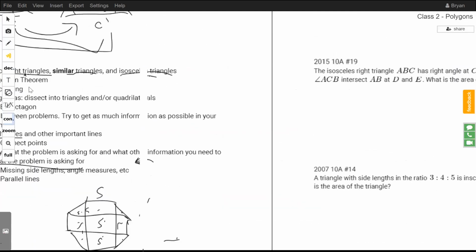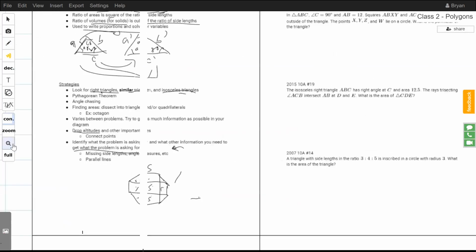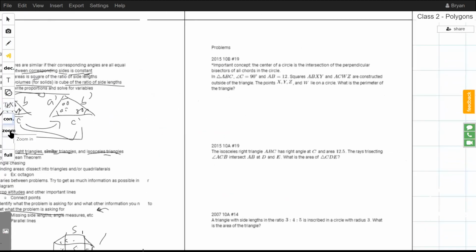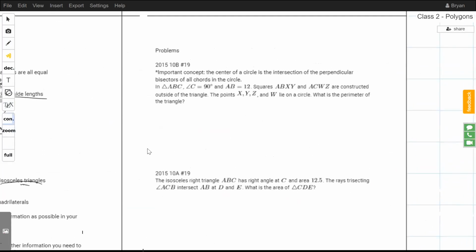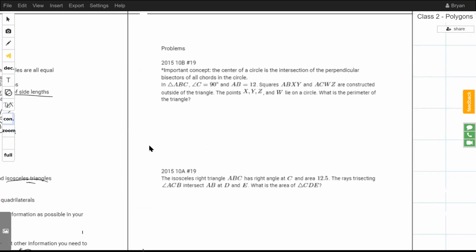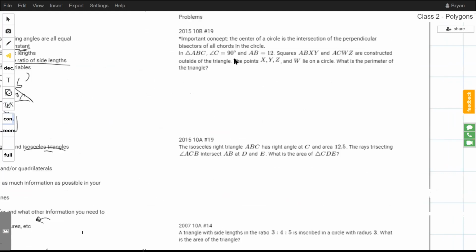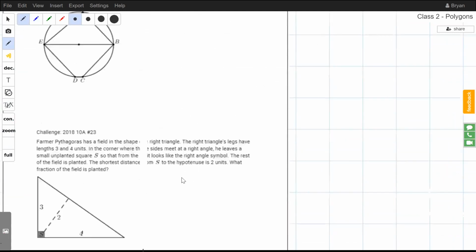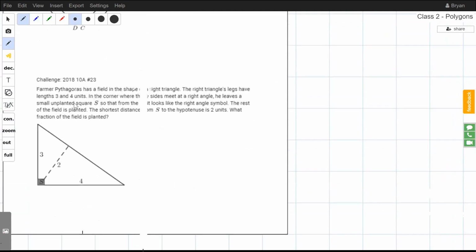I believe that is actually the last of my lecture, so we can move on to our challenge problems now. If you guys did do these in advance, I will tell you that the first two problems here and here and here, they are a bit harder than the rest of the problems, except for the challenge problem.